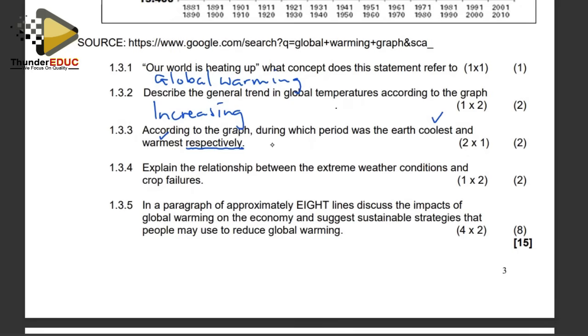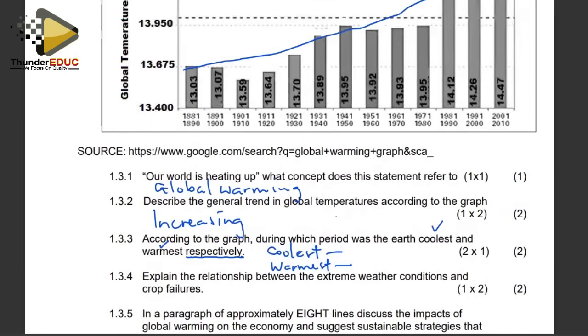But what I advise you is to write coolest, then you give the answer, and you write warmest, then you give the answer, so that you don't confuse yourself and you don't lose those marks. So in this instance, at the coolest, we go to our graph and we just check.